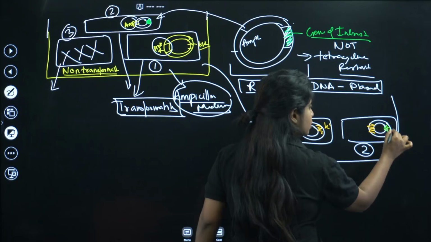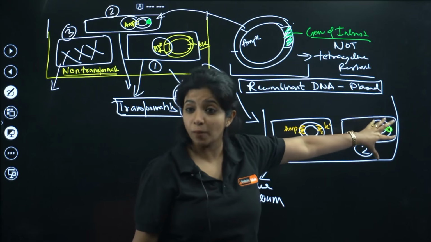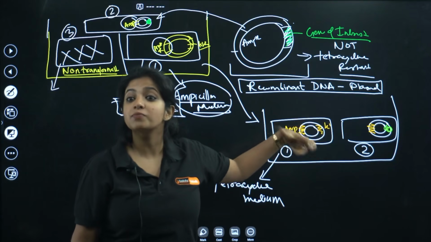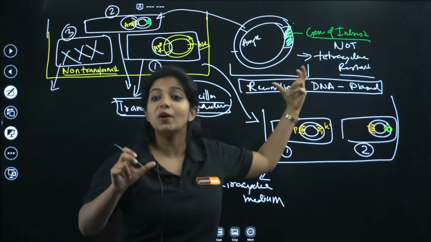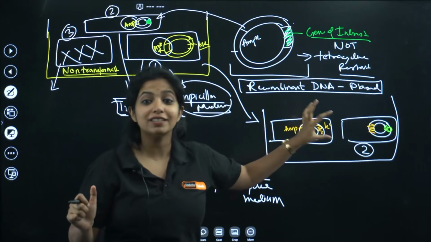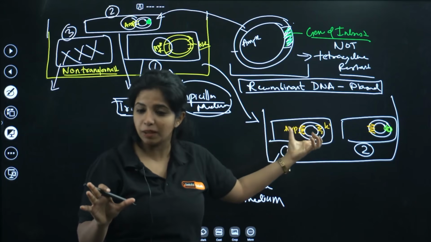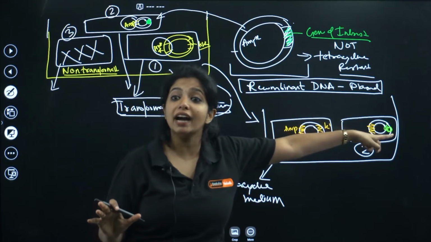My gene of interest. Why? Because this is the recombinant. And this is the non-recombinant, the one that does not have my new DNA. So the one that has the gene of interest, you call them recombinant, and the one that does not have the gene of interest is a transformant. Okay, it has taken up the pBR322 but did not take up the pBR322 which had my gene of interest.